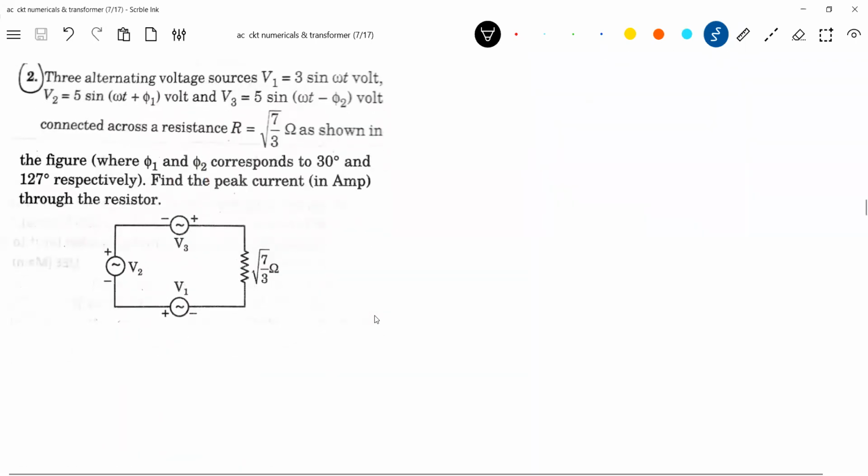I think we discussed it in the previous class. If we have three sources, look at the first with zero phase, this having a phase angle of 30 degrees, and this having a phase angle of minus 127 degrees.